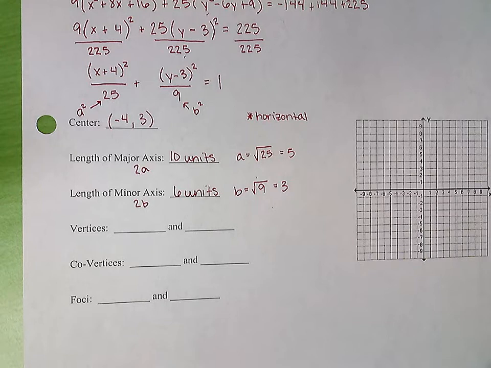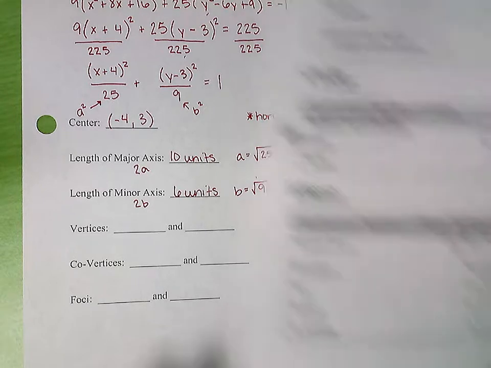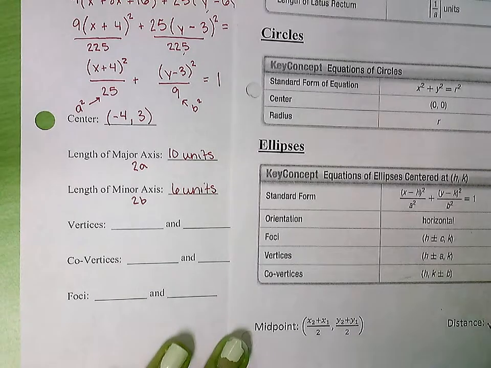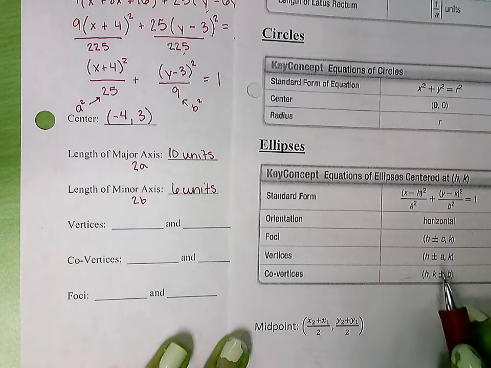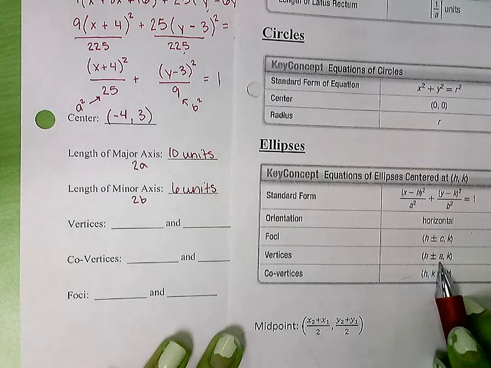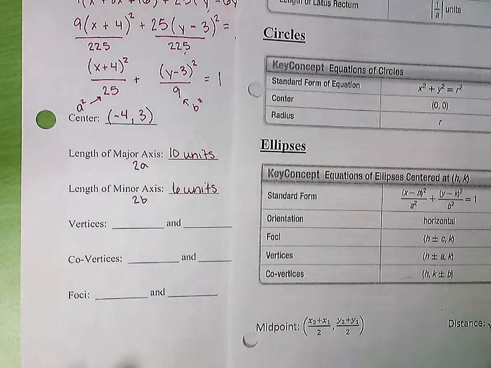Now to find your vertices, you're going to use your chart here. Since it is horizontal, to find these vertices, we'll take (h + a, k) and (h - a, k).